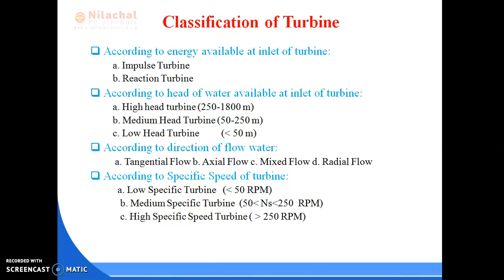Low head turbine means what? This is the level of water, this is the height of water, or this is the penstock, which is at a distance of 50 meter above the turbine unit. Then that is known as a low head turbine.